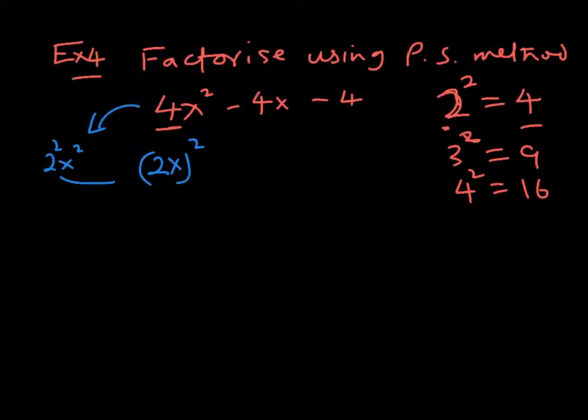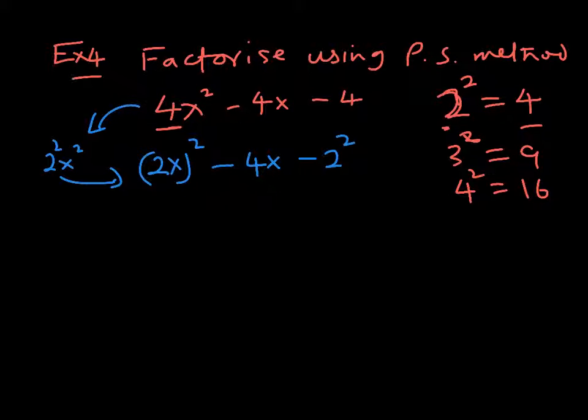So we can write it as 2x squared minus 4x plus, and then 4 is a perfect square, so we can write it as 2 squared. Here we see that the first term and the last term are squared.